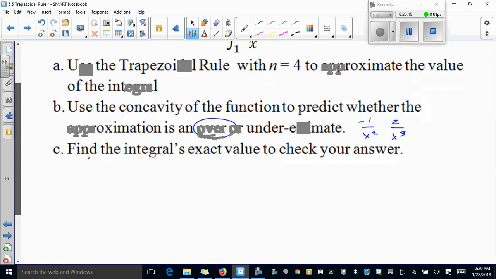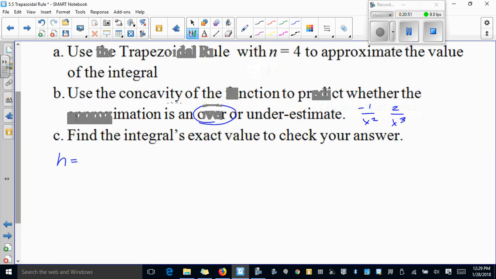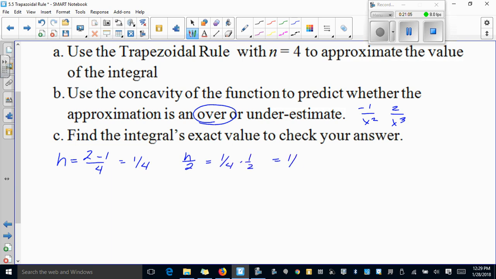So H is going to be, let's see, we're going from 1 to 2 again. 2 minus 1 divided by 4, which is going to give us 1/4. And H over 2 is the same as 1/4 times 1/2, which is going to give us 1/8, just like the first problem we did. And our intervals are going to be the same as that first problem because we're doing 1 to 2.